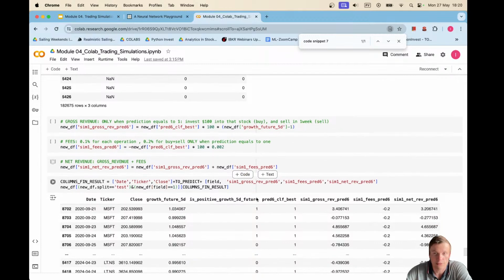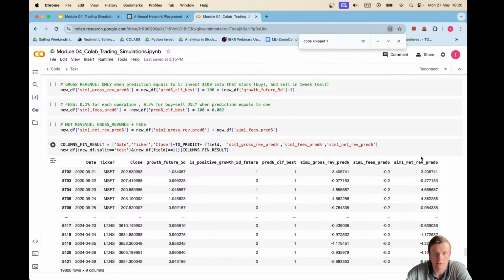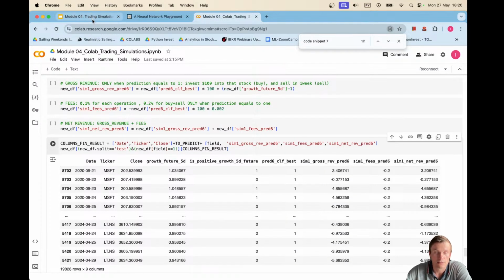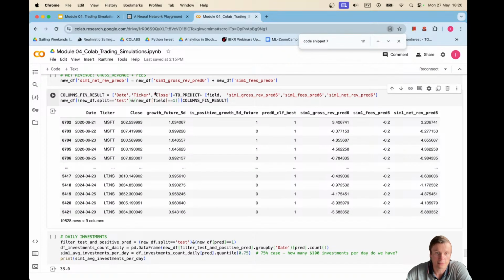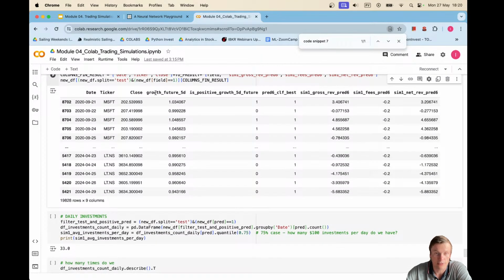You can approximately check that the growth was 3.4%, and you have here 3.4 gross revenue, or here gross future was 4.5%, and here you have $4.5 of gross profit. So that's how we designed the simulation.